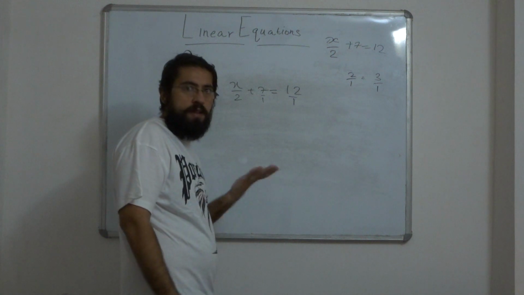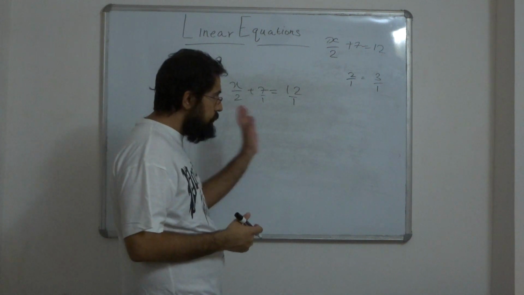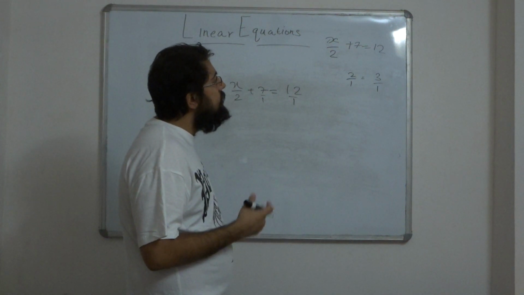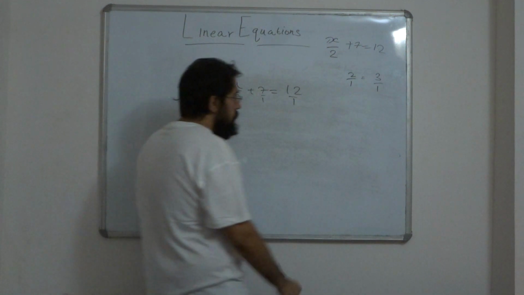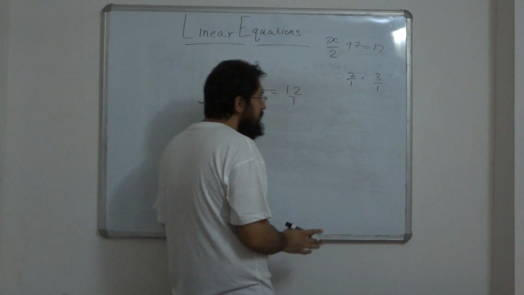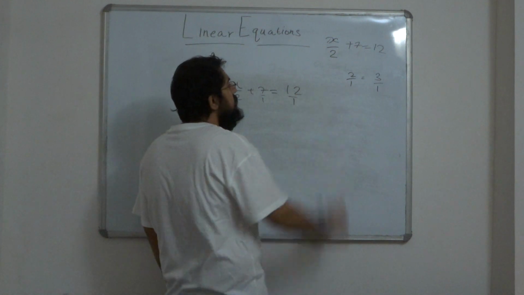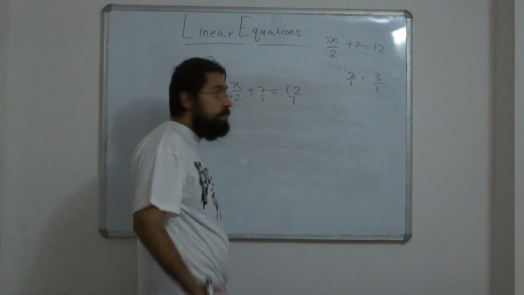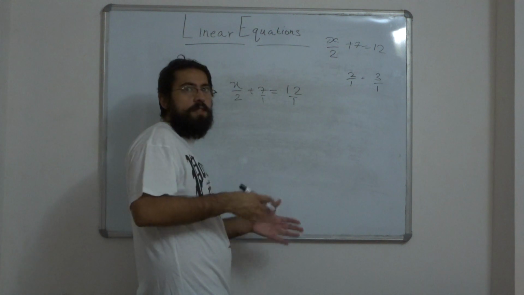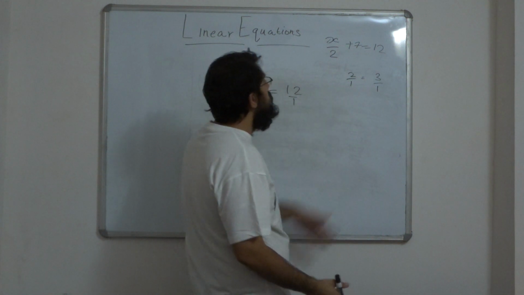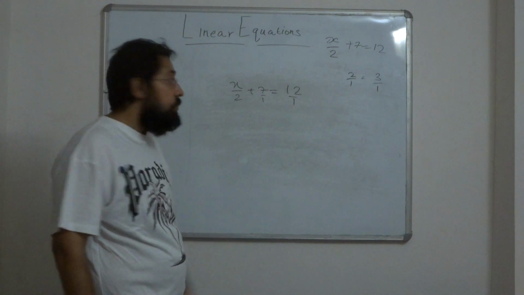Just like anything divided by itself is 1, in the same way, anything divided by 1 is the number itself. So 2 divided by 1 is 2. 3 divided by 1 is 3.